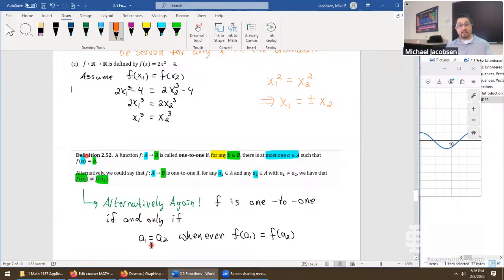We're looking for dead on equal, not same in sign or opposite in sign, in other words. So the fact that the power is odd here allows us to take the cube root of both sides and assert x1 equals x2, which then and only then implies f is 1 to 1.